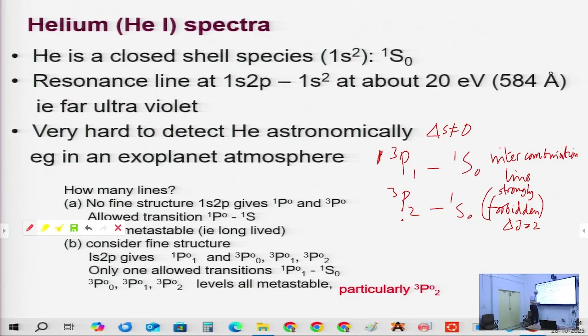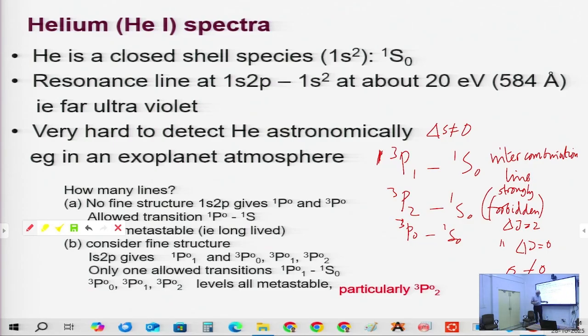And what I didn't realize, and therefore what I've written here is slightly wrong, is that this is also strongly forbidden because there it has delta J equals 0, which I said was allowed. You can't have 0 to 0. And I forgot that when I was writing the notes.